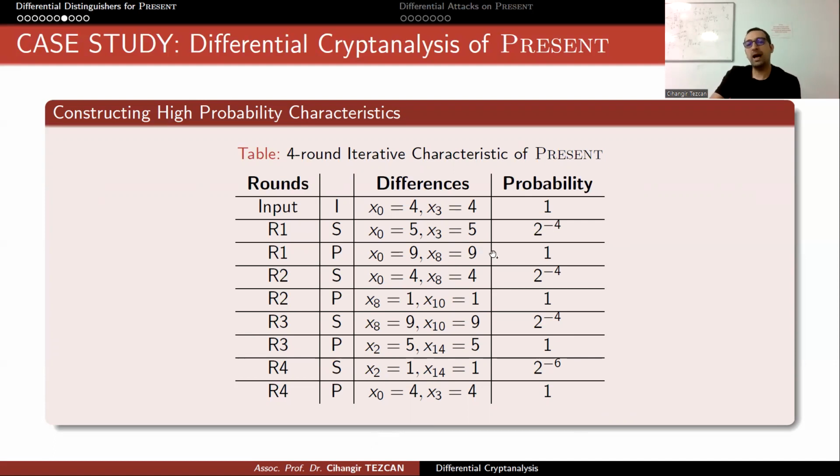But here, I'm not interested in the intermediate values. I'm looking at the input difference and output difference. Maybe this input difference will give you something else in some scenarios, but 4 rounds later it will come back and provide you this output. This means that maybe there are multiple differentials that have the same input and same output, but with different probabilities. So if you sum all of those probabilities, that will be the correct probability.